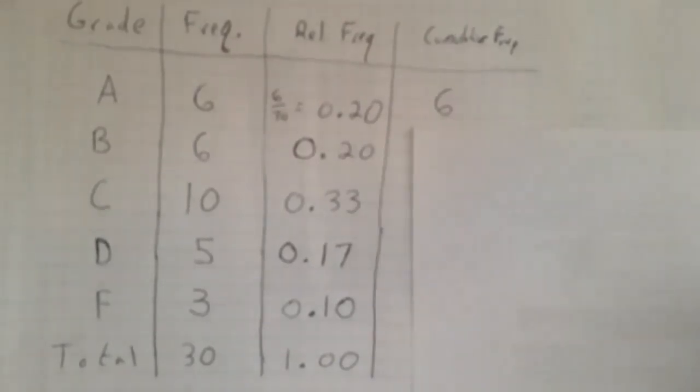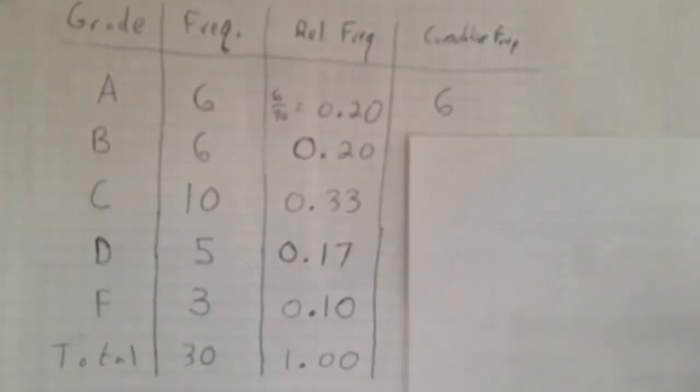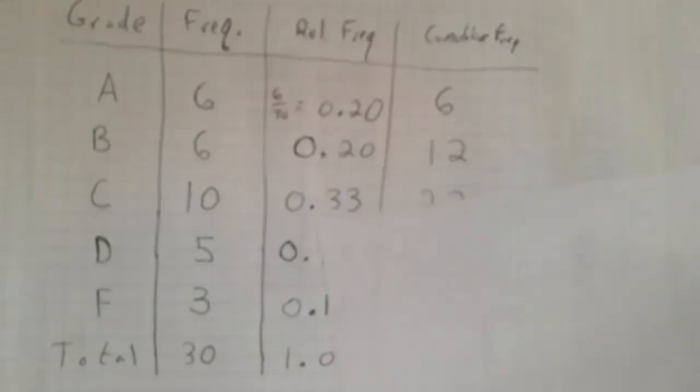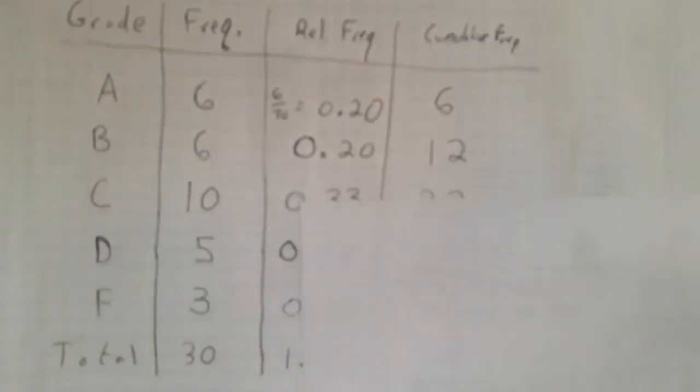A total of 6 people had A's. If I'm looking at this 6, I'm adding another 6 here. So a total of 12 people had either an A or a B. If we look for A, B, or C, we have to add this 10 to it. So 10 plus 12 gives me 22. So you've got 22 people that made A, B, or C.